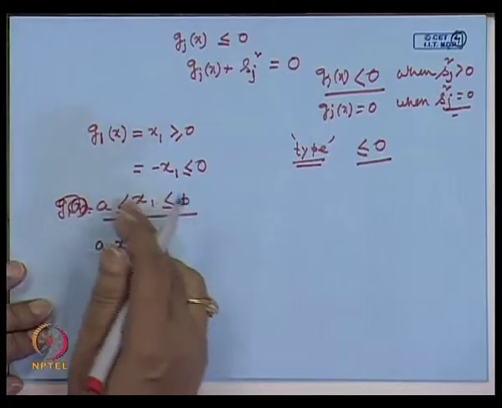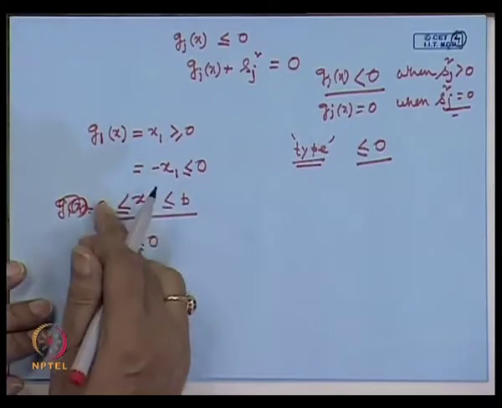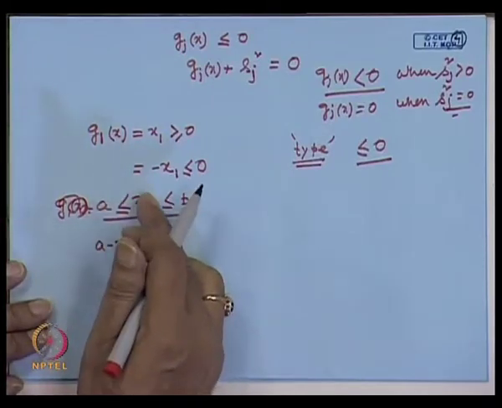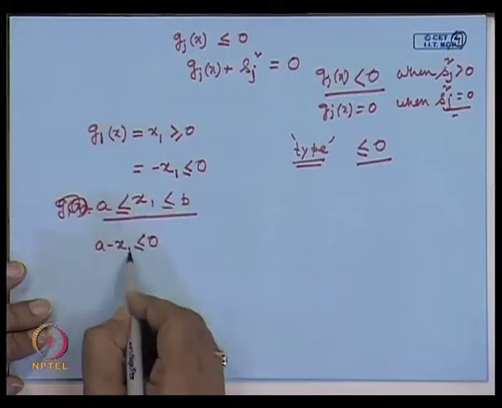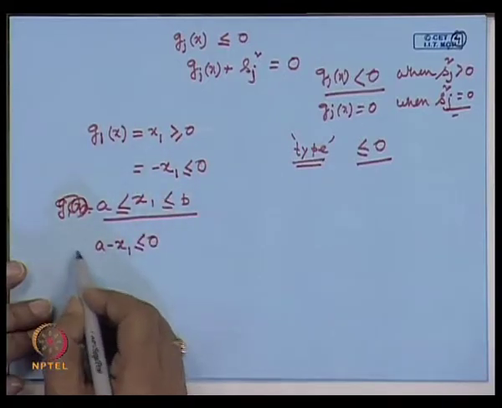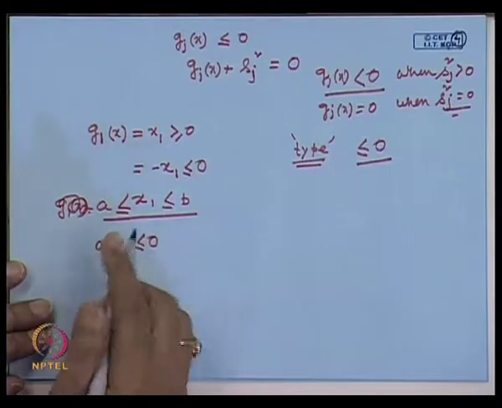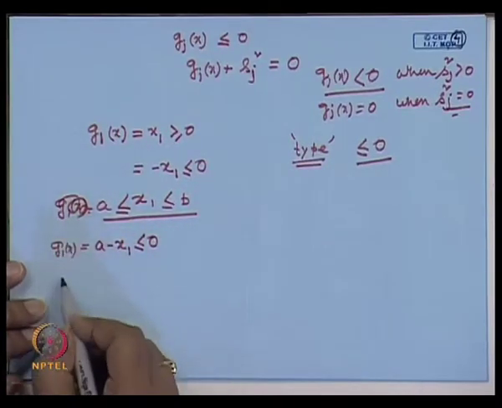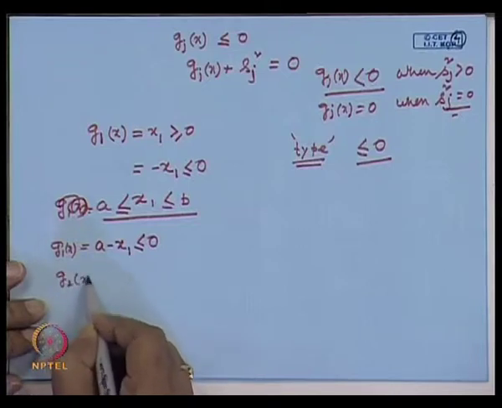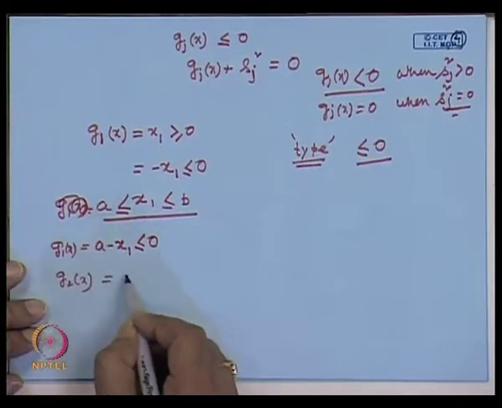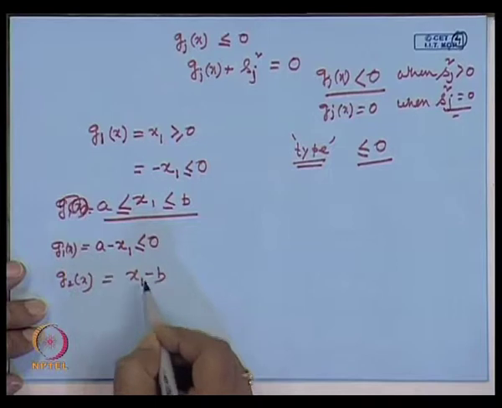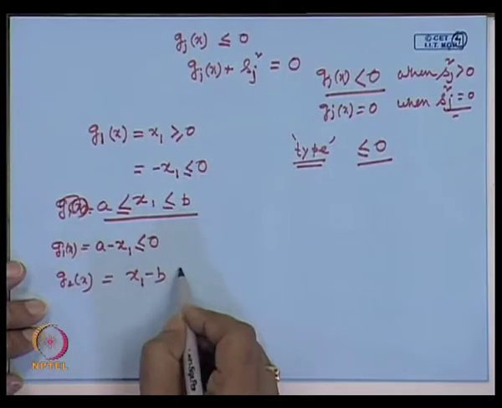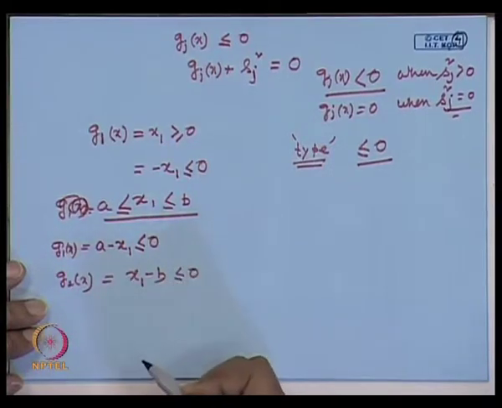Both sides I subtract x 1. So, this I can consider the same as g 1 of x. Another constraint I can write as g 2 of x: x 1 minus b is less than or equal to 0.